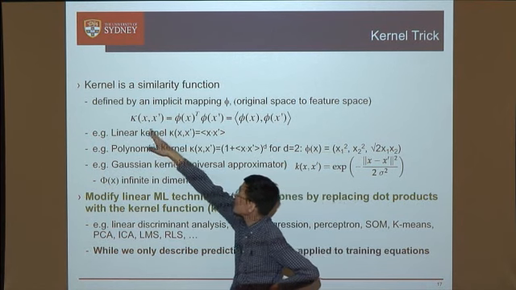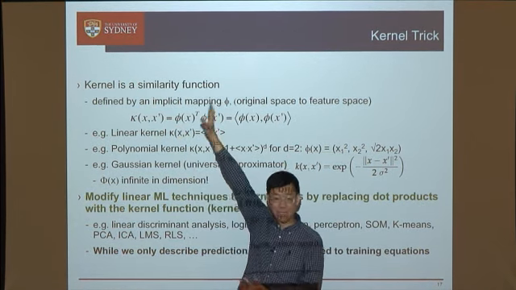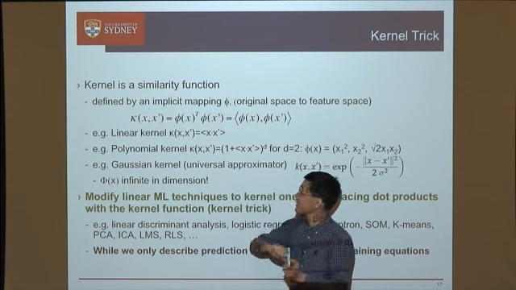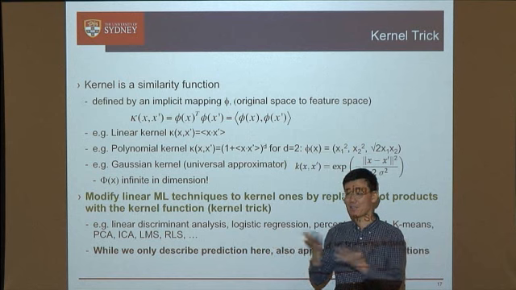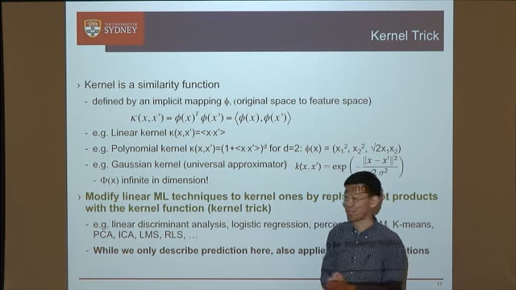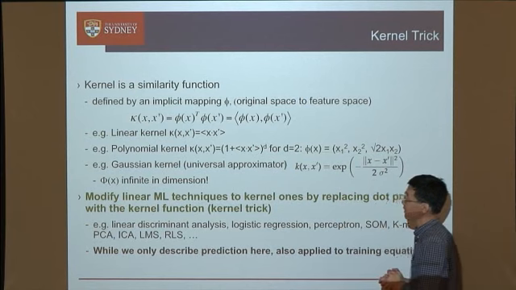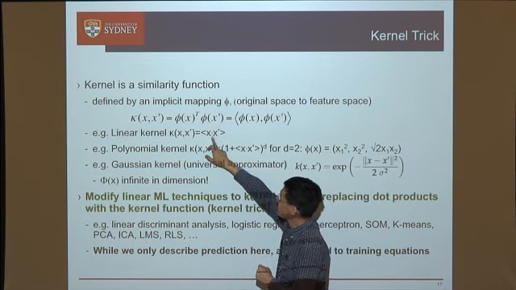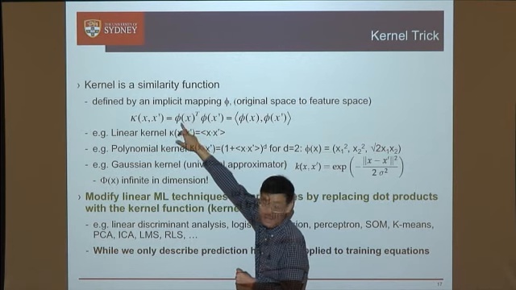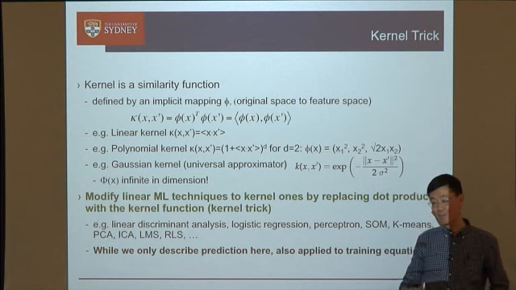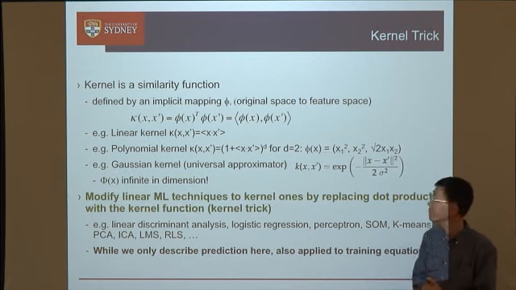You take this input and you project it to this high-dimensional space. You take this second input, you project that to the high-dimensional space, and then you take the dot product between them. Okay, that gives you a scalar value out.